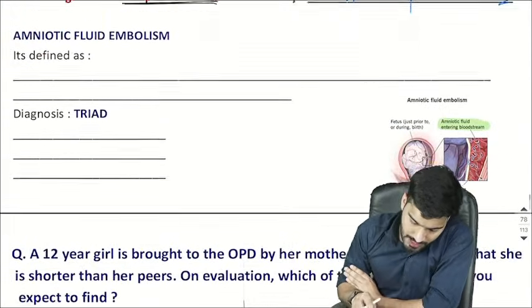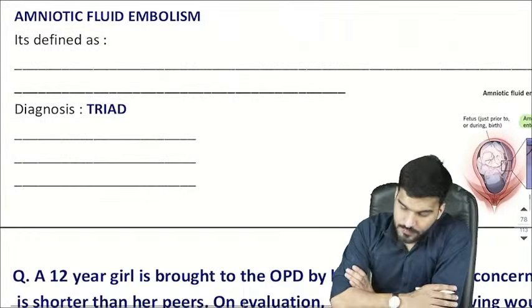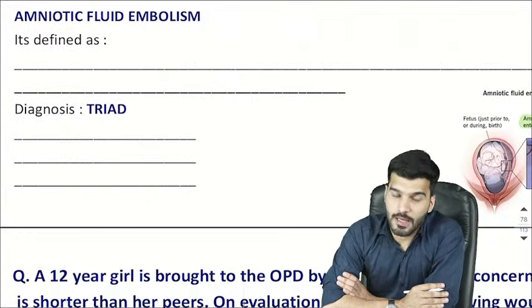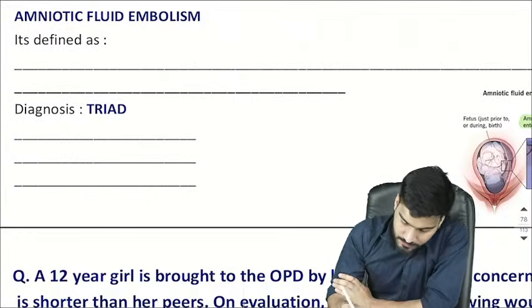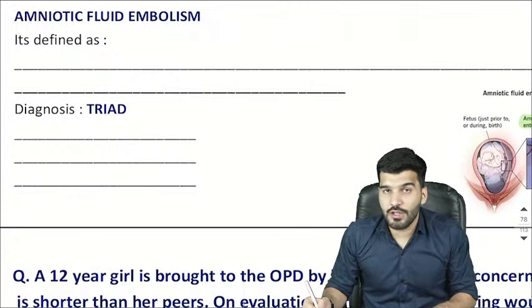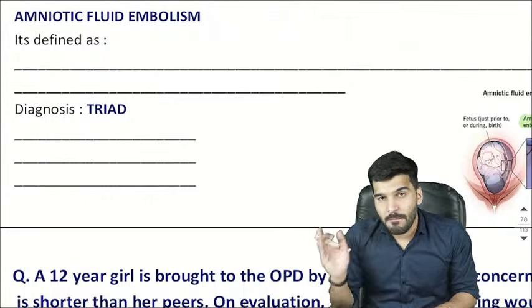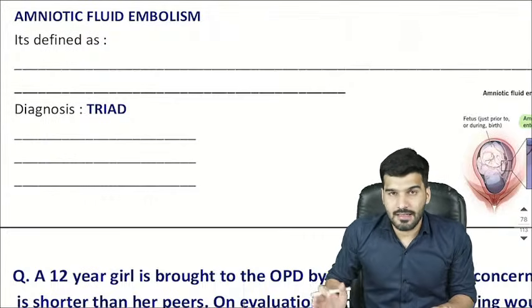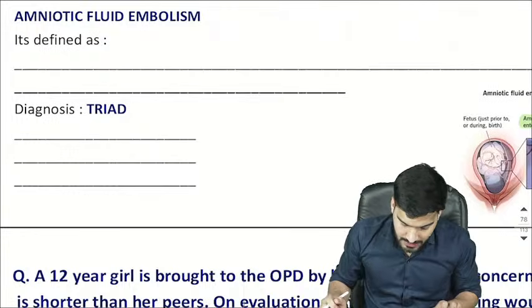Next, amniotic fluid embolism. Now, what is amniotic fluid embolism? First of all, it simply means there is an intravascular invasion of the maternal circulation by amniotic fluid and its contents, and they further lead to the DIC.